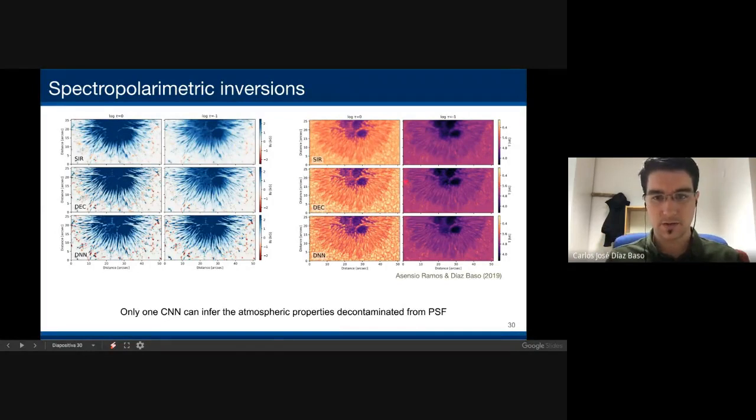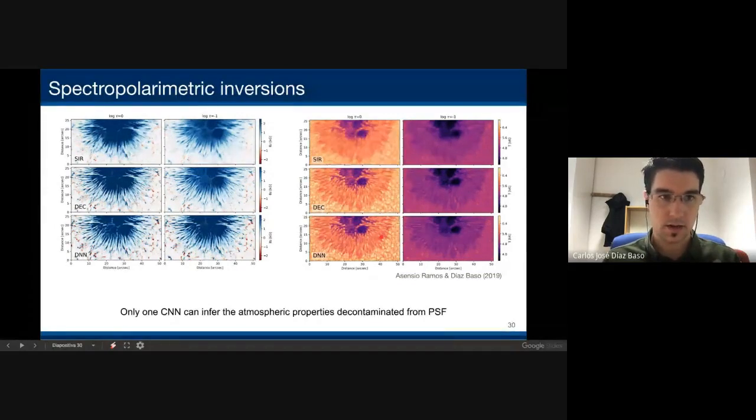The second row is the inversion result of the deconvolution of the data, and the last row is the output of our neural network after applying the neural network to the Stokes profiles.